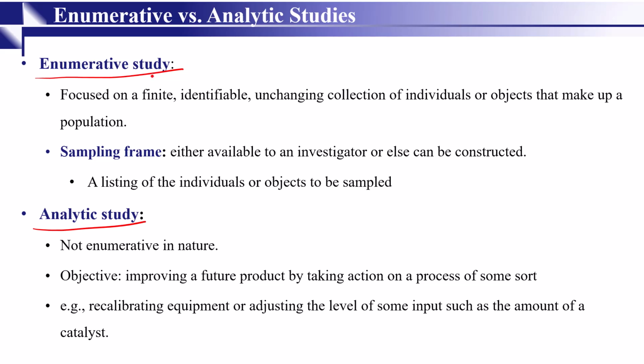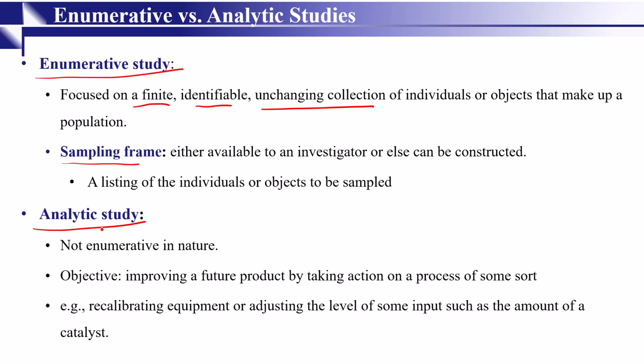So, an enumerative study has a clearly defined objective and its focus is on a well-defined, unchanging population. As defined already, the population is typically a finite set from which conclusions are drawn. Then, a sampling frame, a list of sample points, is either available or can be constructed. An example of an enumerative study is a designed experiment, where data is collected from an existing population.